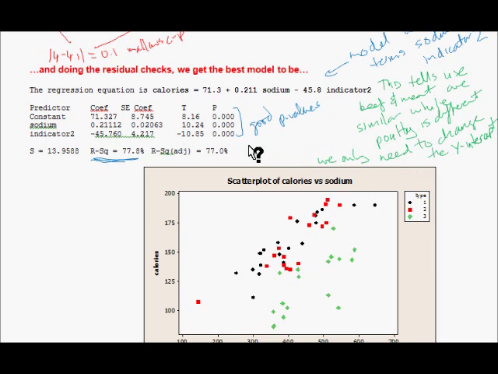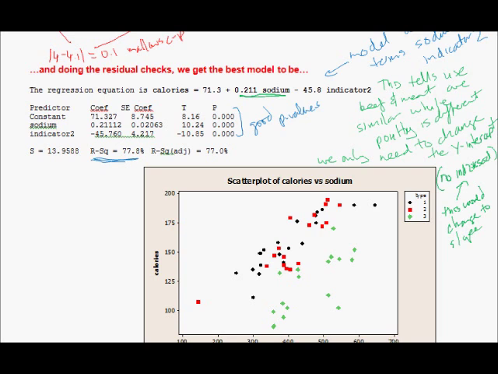Notice we don't have here an indicator 2 times sodium term, which would change the slope. So here we've got the same slope for both models, 0.211, but we've got 2 models, one for beef and meat, one for the poultry. And the only thing that changes is the intercepts, the parallel lines here.